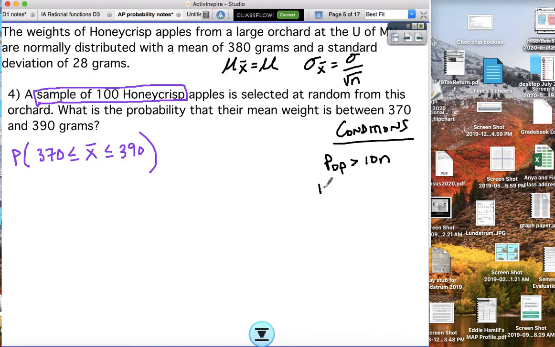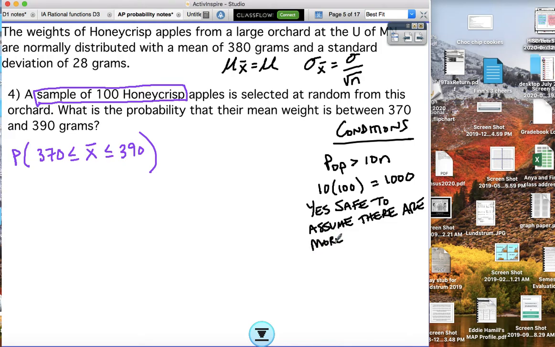So let's check that. 10 times the sample size of 100 is 1,000. Is it safe to assume there are more than 1,000 apples? I would say yes, safe to assume there are more than 1,000 Honeycrisp apples at that orchard, U of M orchard.